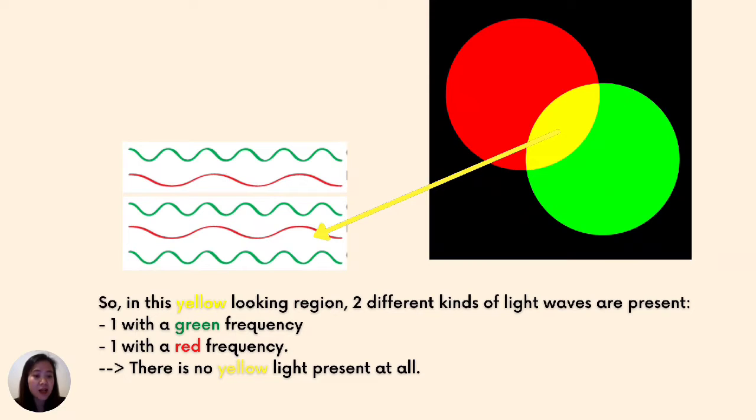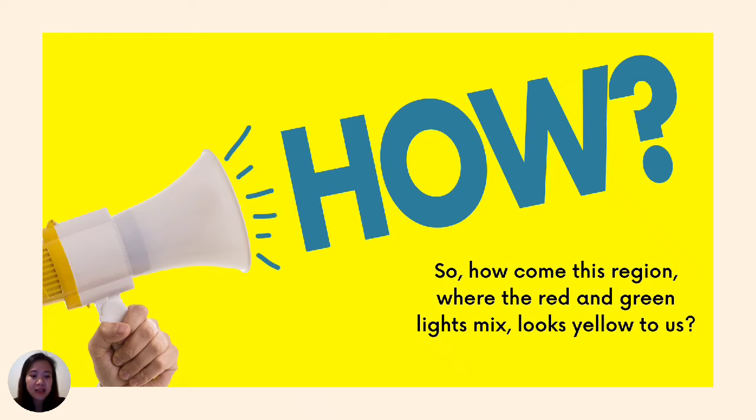So in this yellow-looking region, two distinct kinds of light waves are present, one with a red frequency and one with a green frequency. There is no yellow light present at all. So how come this region where the red and green lights mix looks yellow to us?